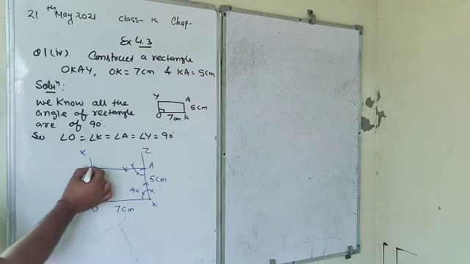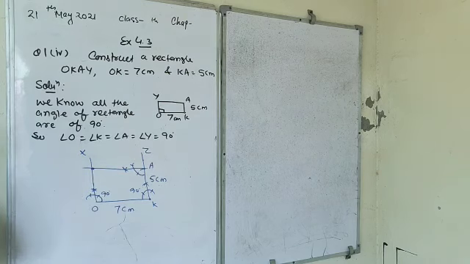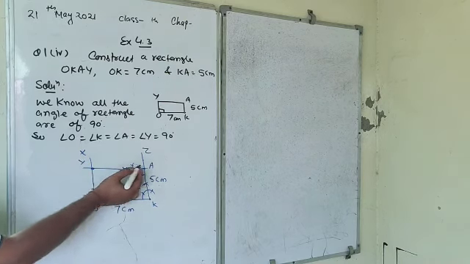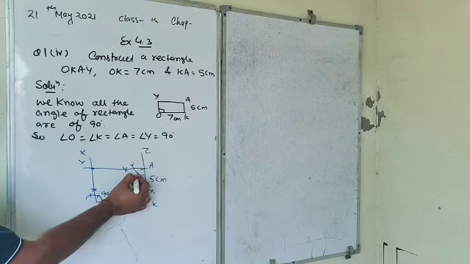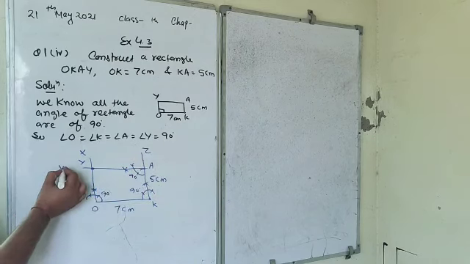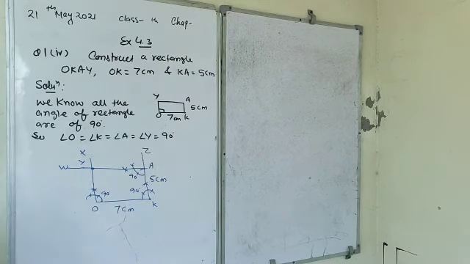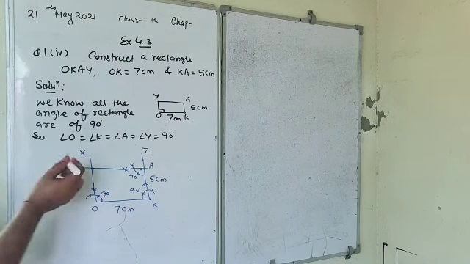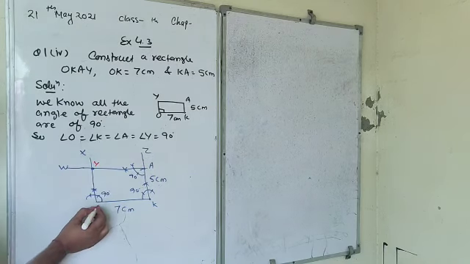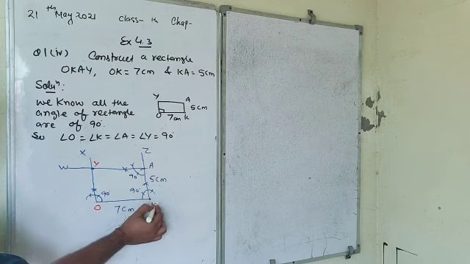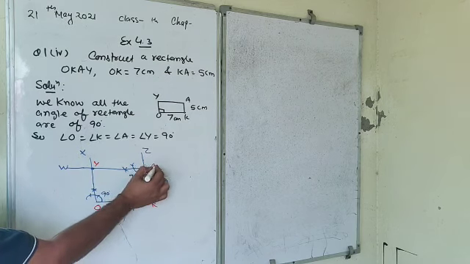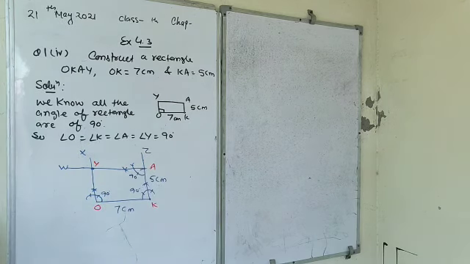Make a 90-degree angle at A along AW that intersects OX at Y. So now OKAY is the required quadrilateral, required rectangle.